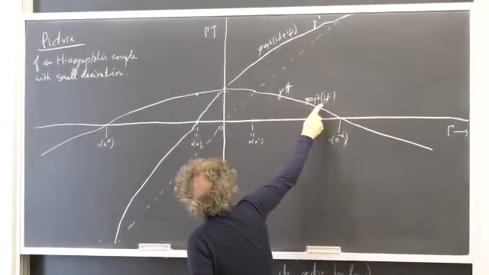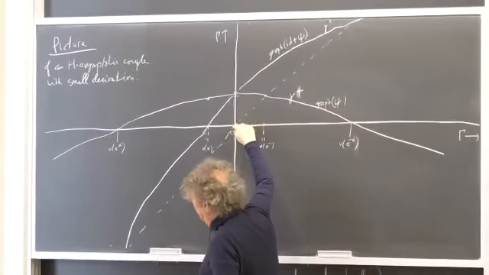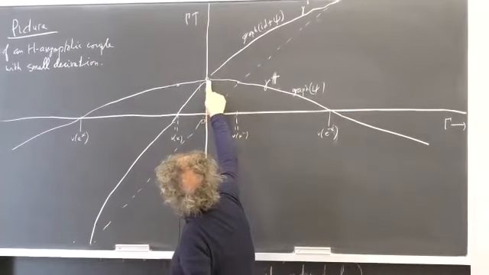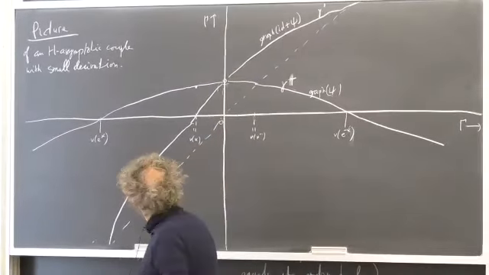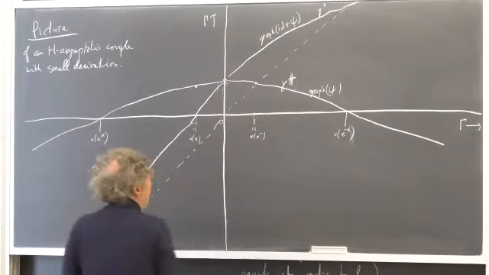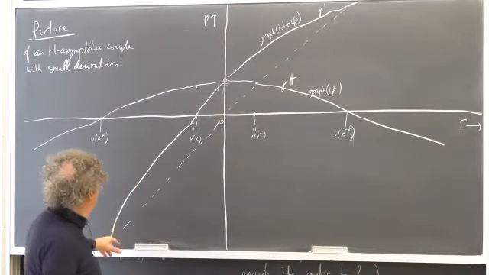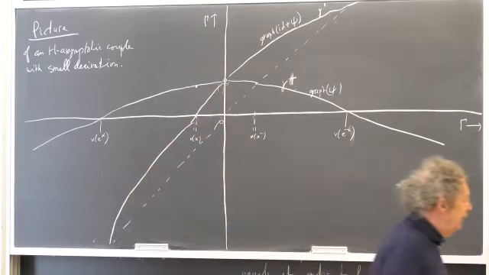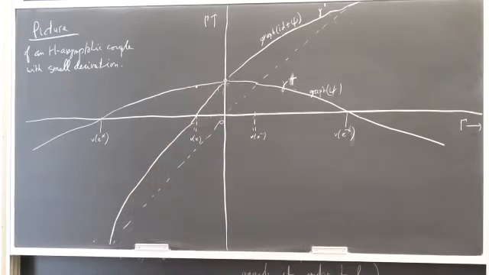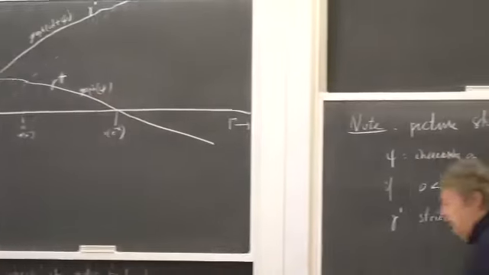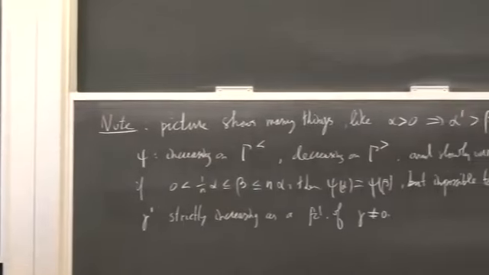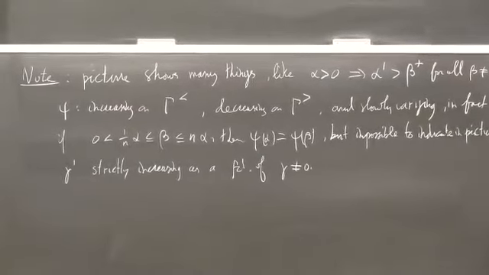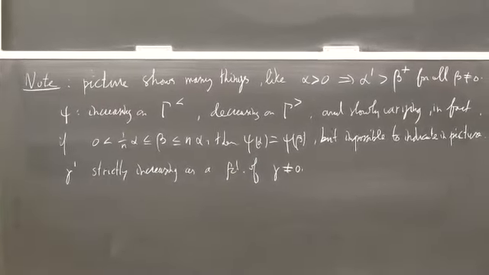We did define psi of 0 equal to infinity, but certainly gamma prime is not defined there. Right. So what else do I want to say about this?